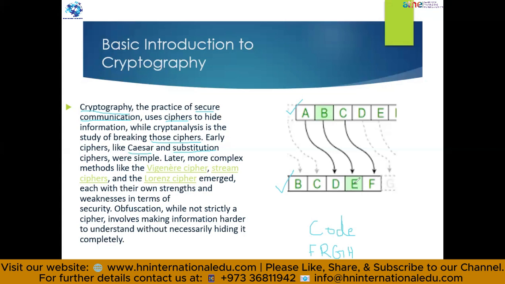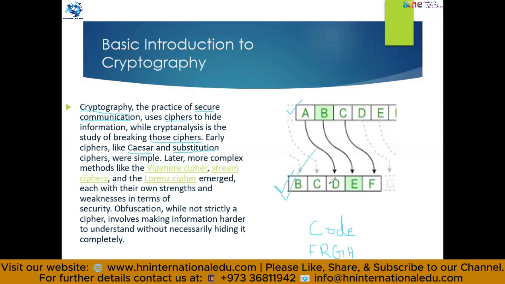It means that we convert our communication and our message into another language. If a third person along the way gets our message, they will not be able to understand it, because we have the key, which is this.